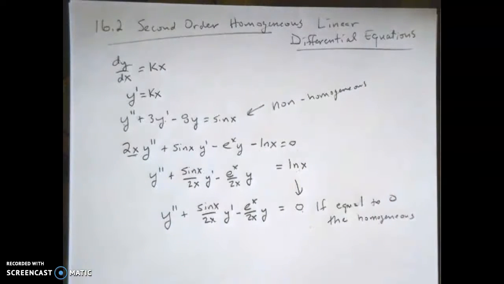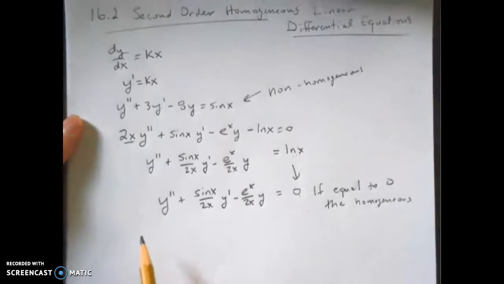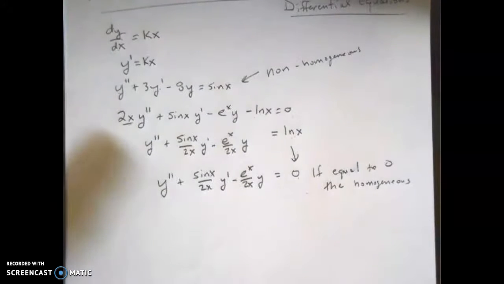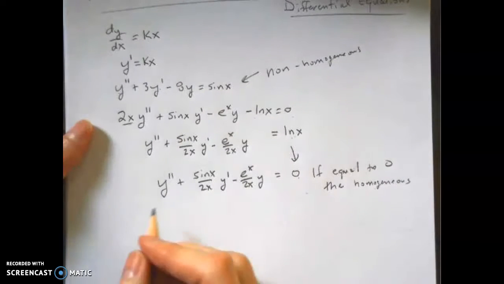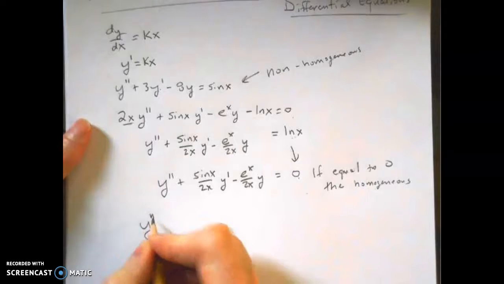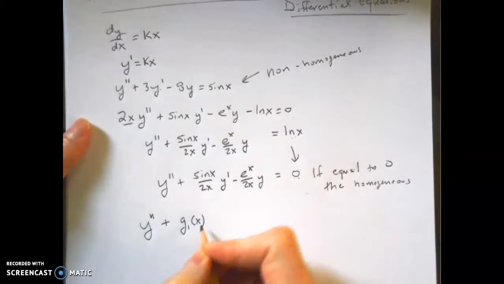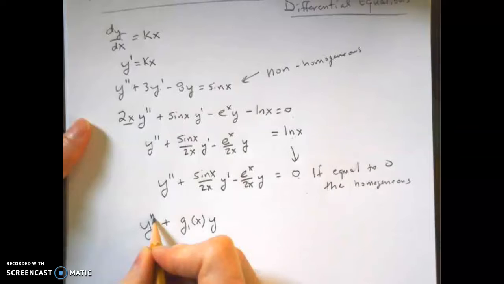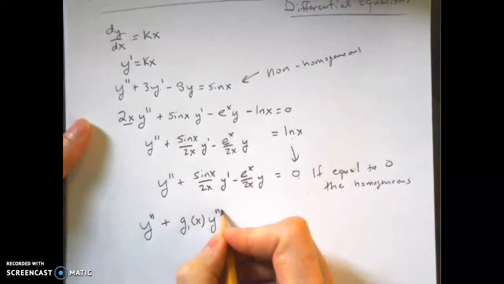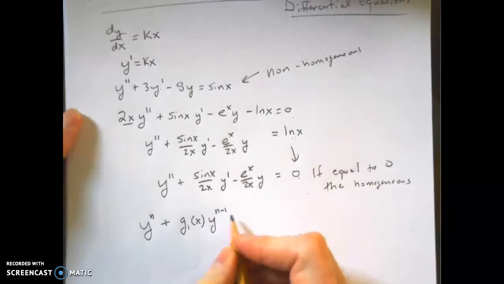Okay. So in general, the general form for a linear differential equation would be the nth derivative plus some function, we'll call it g1 of x, times your y to the n minus 1. Of course, you don't have to have all the orders here.